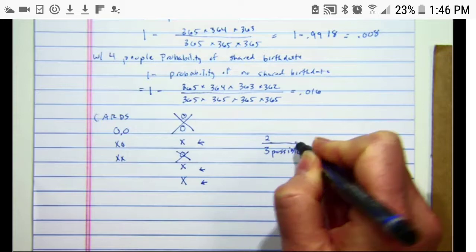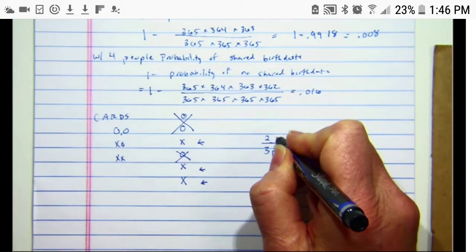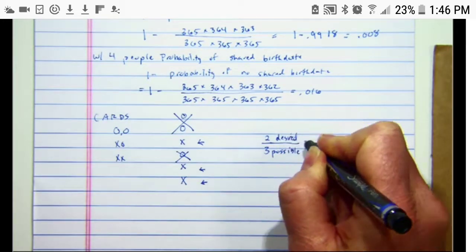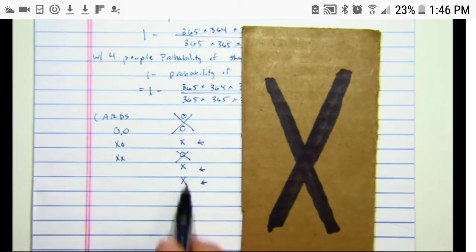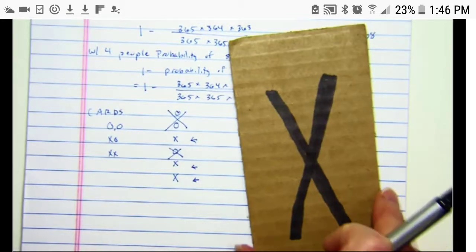So there were three possible, and of the three, two actually resulted in an X on the other side. So only the bottom two X's would have an X on the other side. And this particular card did turn out to have the X on the other side.